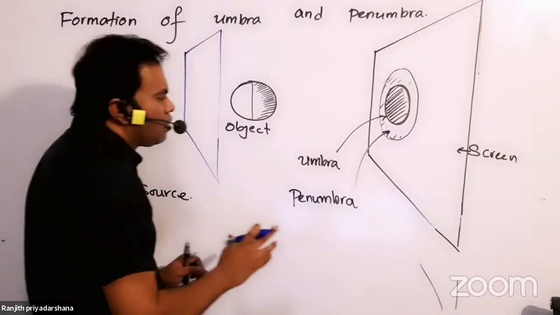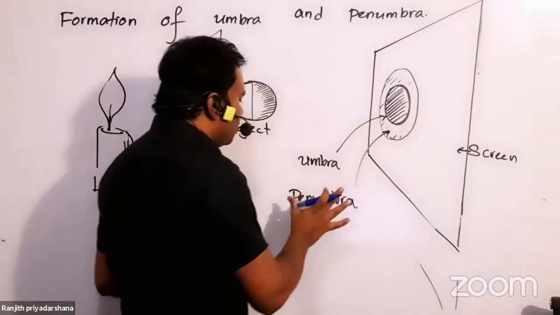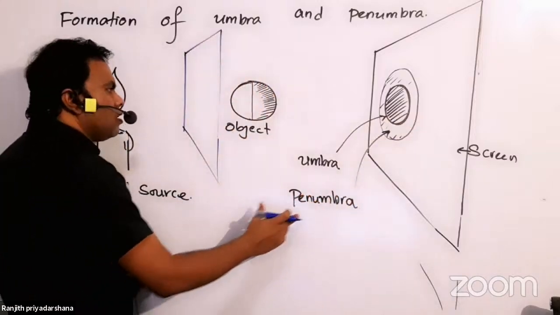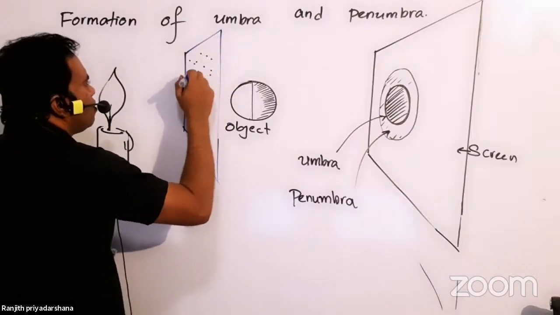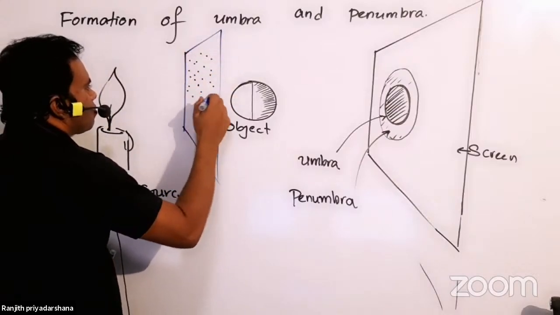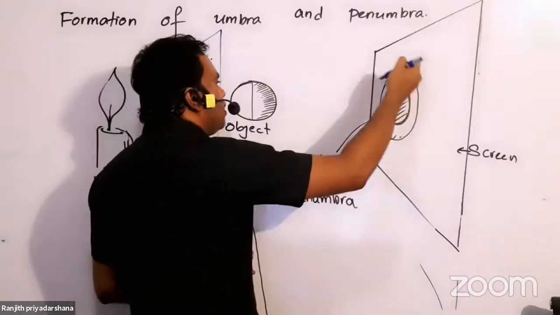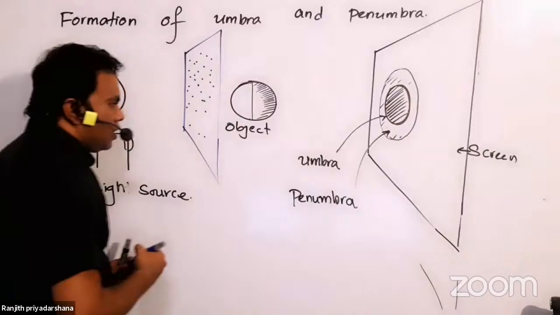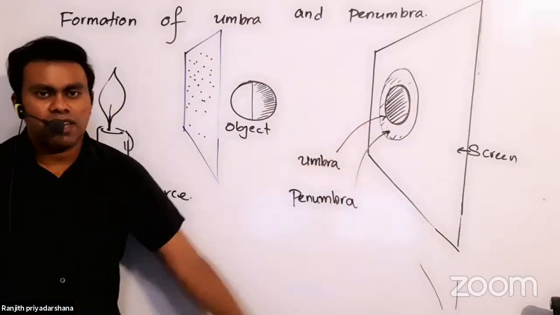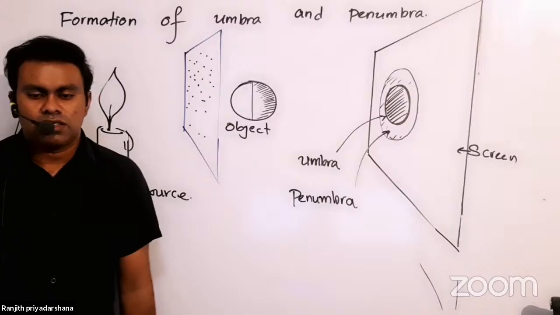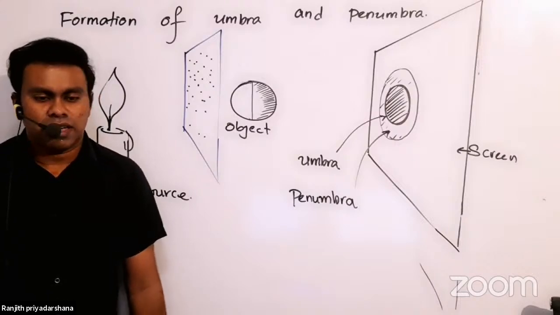Then we can also see this umbra and penumbra, a sharp image. What happens if we use a translucent material? The light rays are scattered, therefore a blurred umbra is produced. Okay, so you can practice that.